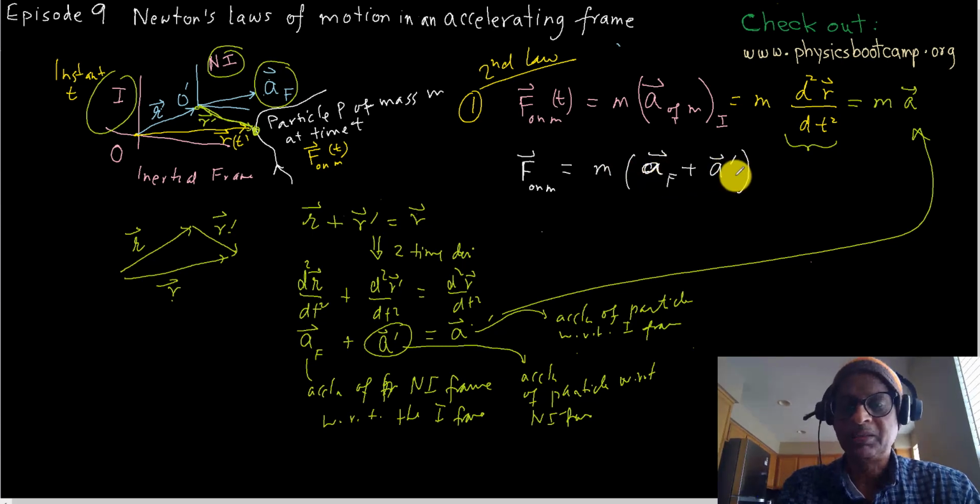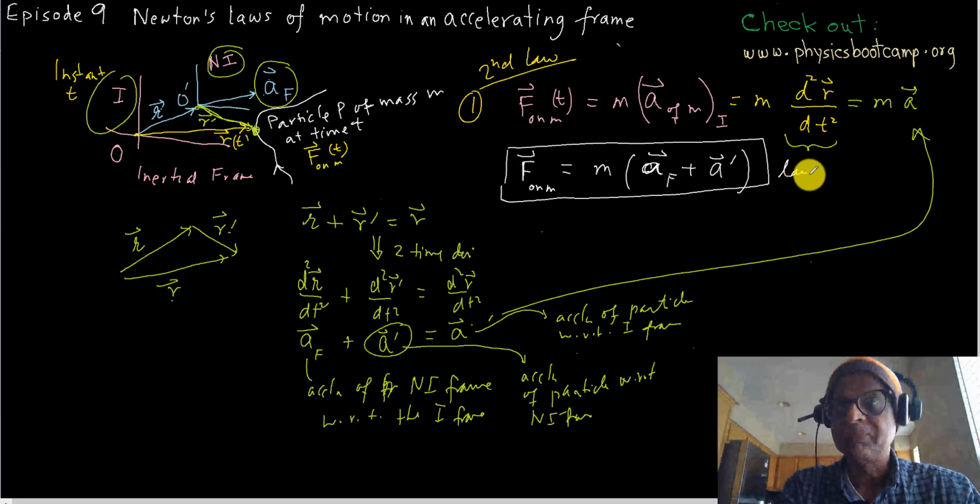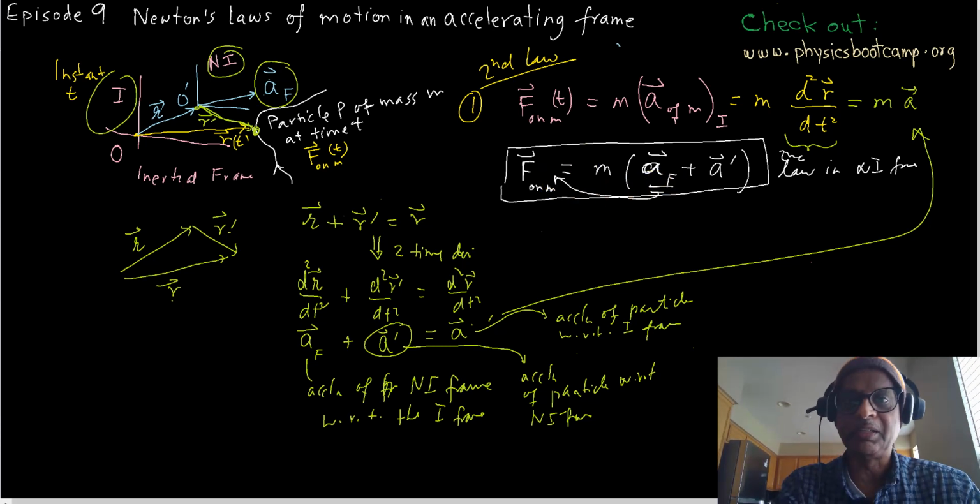Now you can see I want to write F equals ma in this, but it won't be. So this is what the law will be in the non-inertial frame. Well, you could say I can transfer this to the other side, and all I'll be left with is mass times A prime.